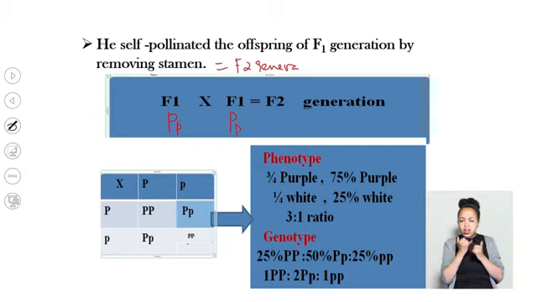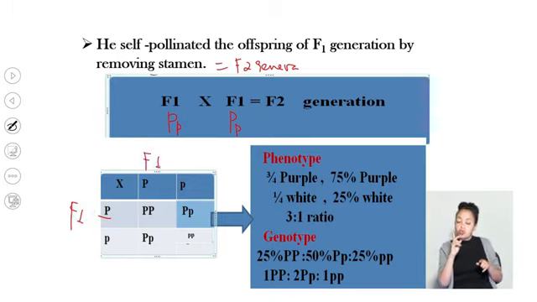Finally, he wanted to deduce the phenotype and the genotype of this cross in the F2 generation, whether he obtained the character he started with, homozygous purple and homozygous white. Then he segregated.